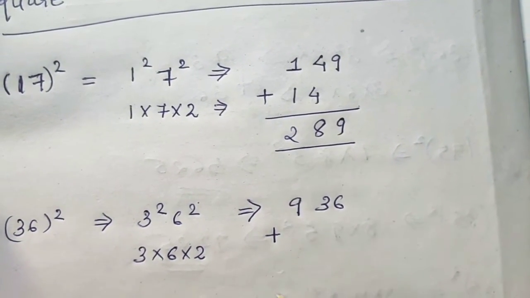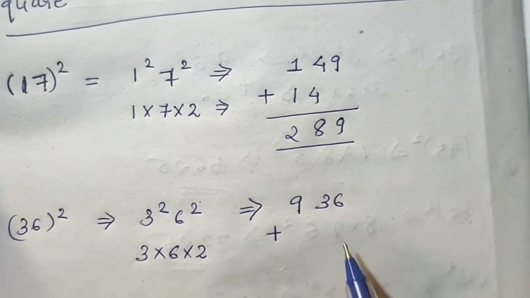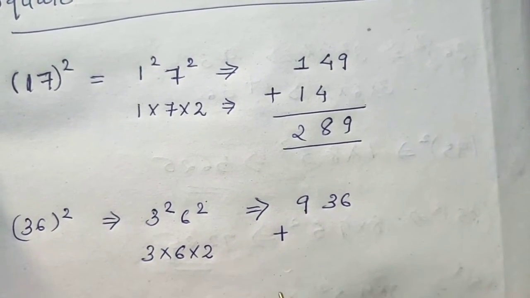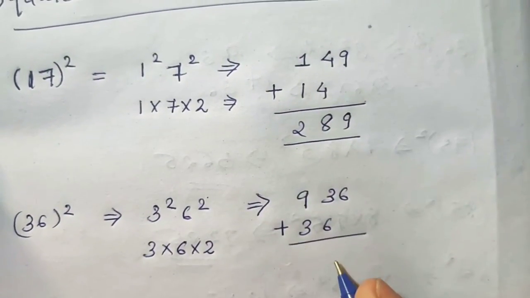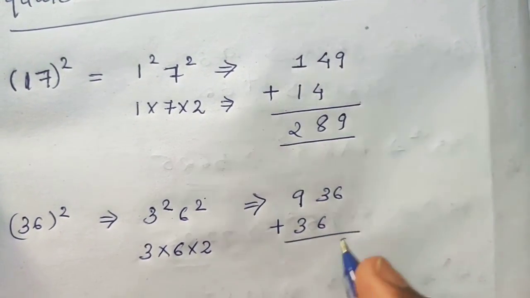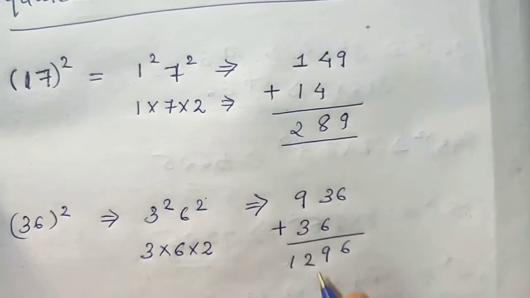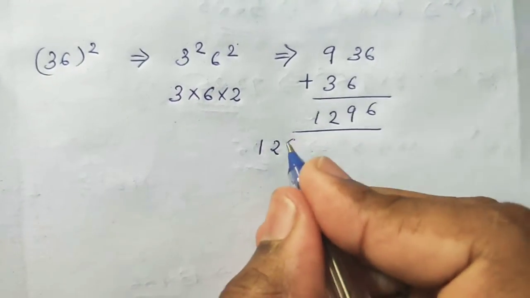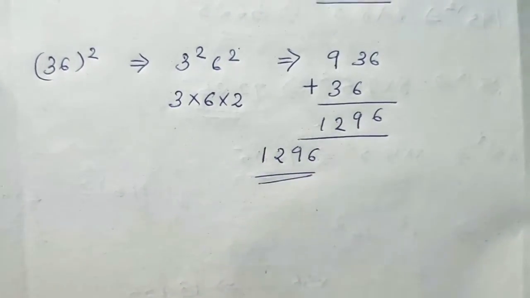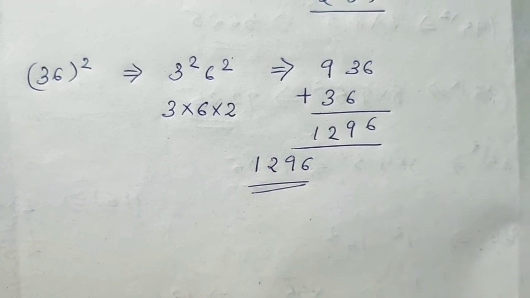So what is the multiplication? That is 36. So again we have to leave the last place. So what would be the sum? 6, 9 and 12. So 36 square is 1296. Okay, 36 square is 1296.